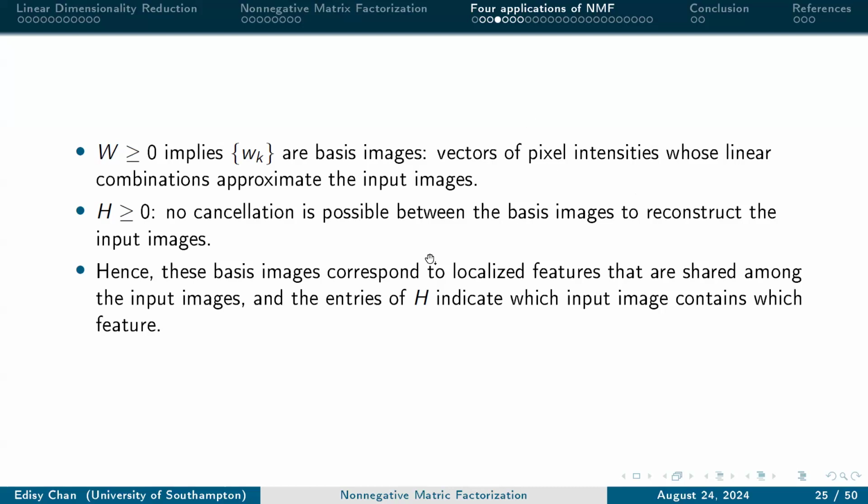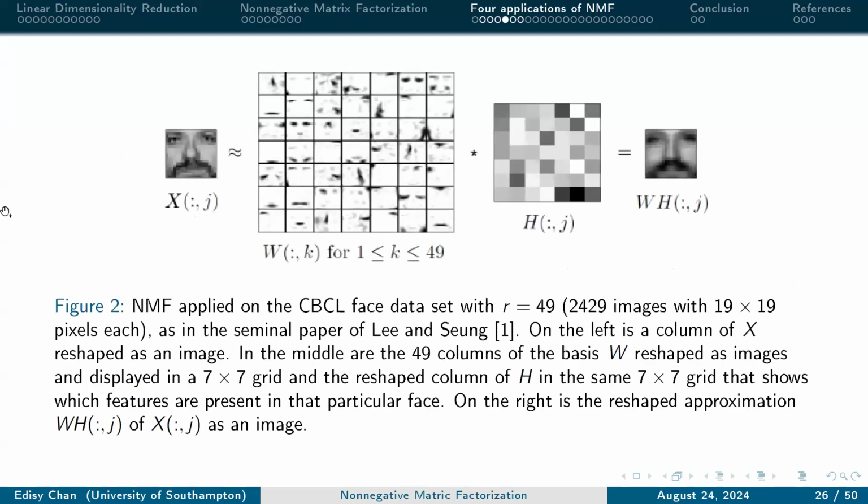Those basis images correspond to localized features that are shared among the input images, and the entries of H indicate which input image contains which feature. So we can look at this picture, which is the case when r is 49.